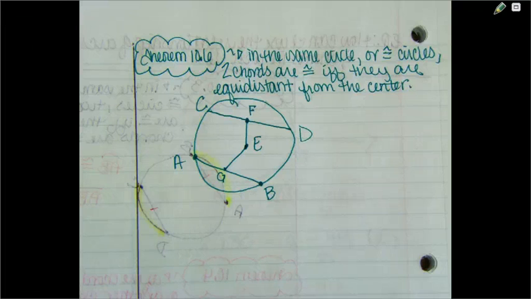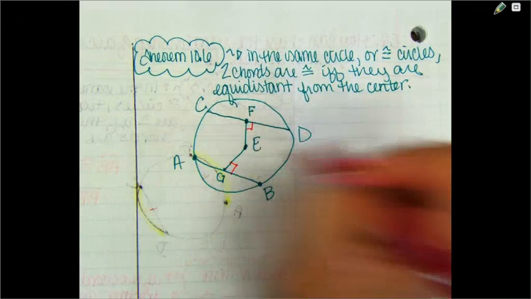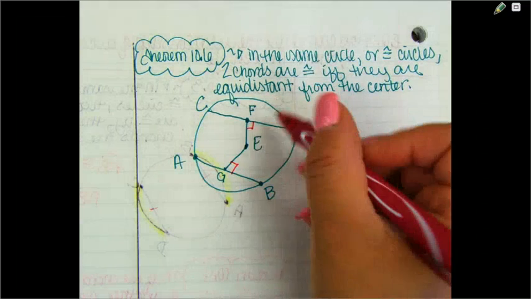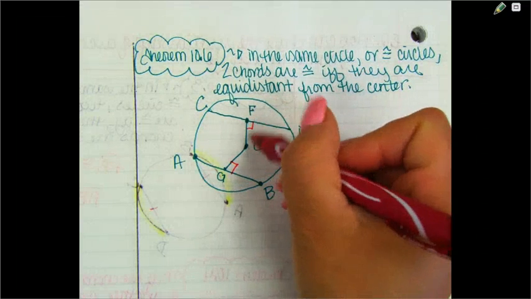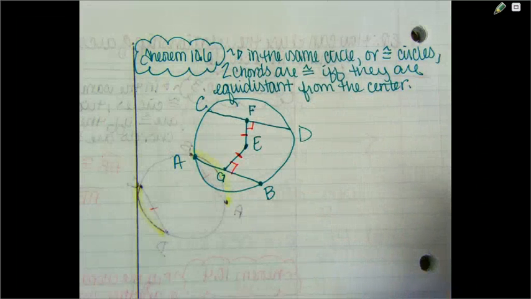It says, you have two chords, and they are congruent. First of all, they're going to be intersecting these at a right angle. What I'm saying is that this chord here is going to be congruent to this chord here. Got it?